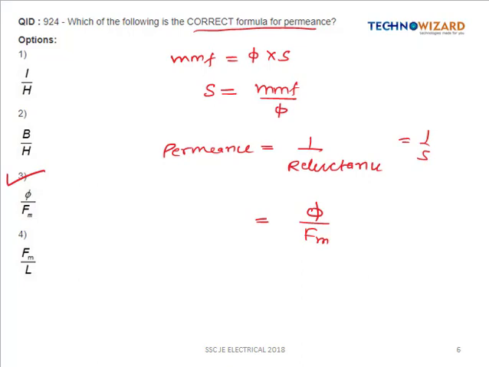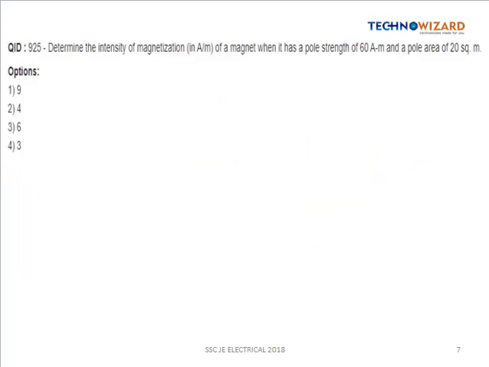Now next question is, determine the intensity of the magnetization in ampere per meter of a magnet when it has a pole strength of 60 ampere meter and a pole area of 20 square meter. We know that intensity of magnetization, also called magnetic field intensity, denoted by H, is given by pole strength by the pole area.